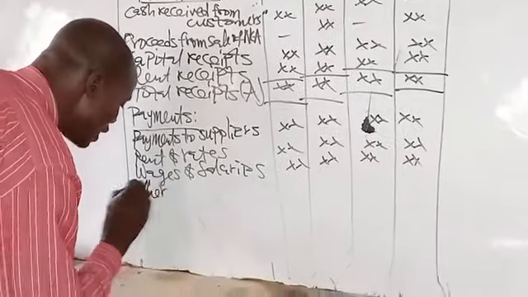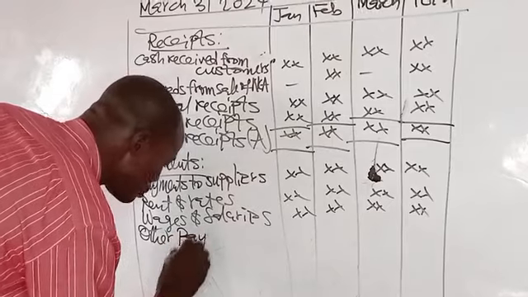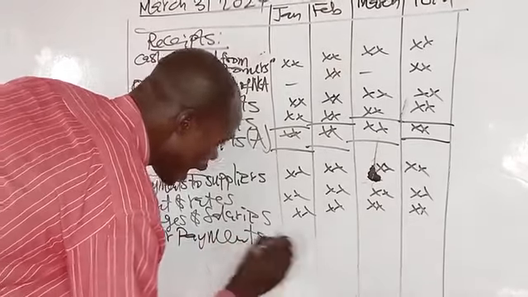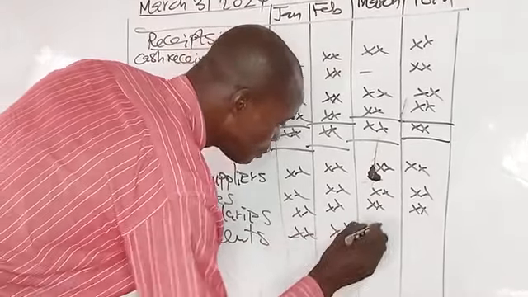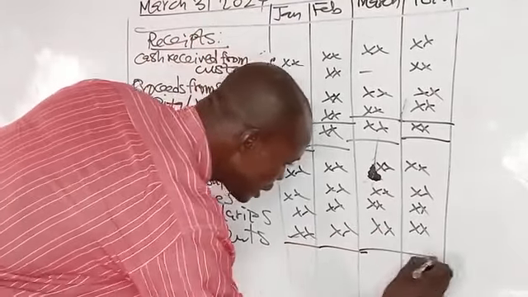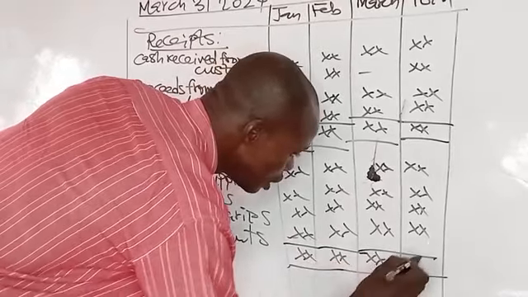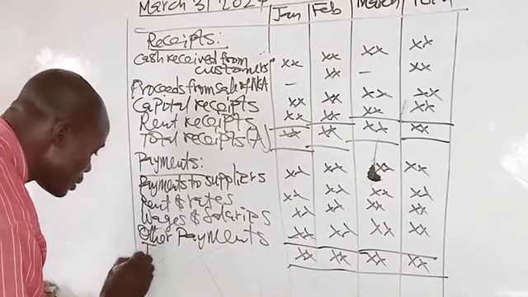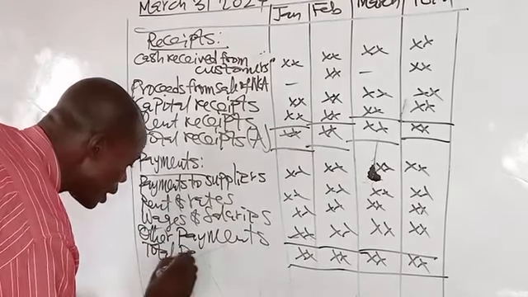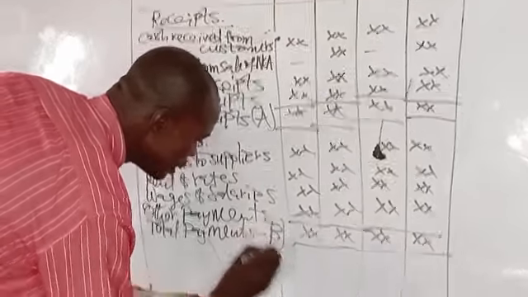We have lots of items, any expenses paid, other payments. There are a lot of items of payment you may have depending on the questions. So you sum up the payments. So you have the total payments. They have that as B.